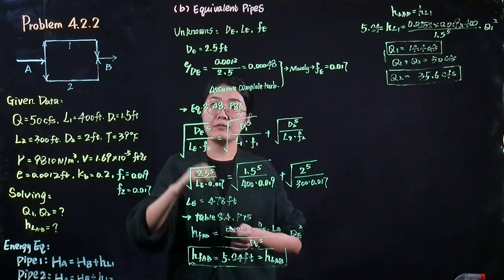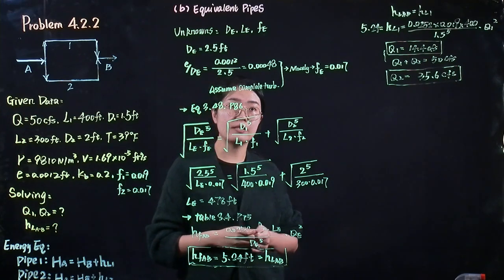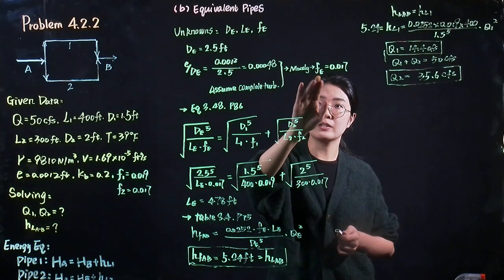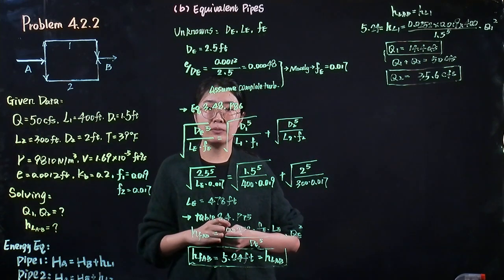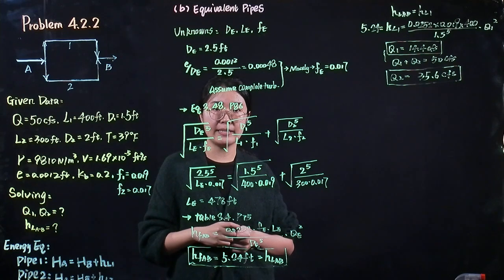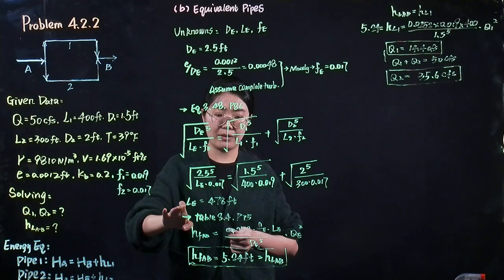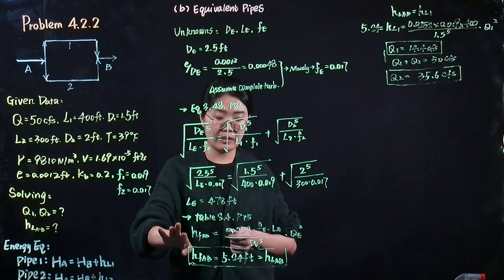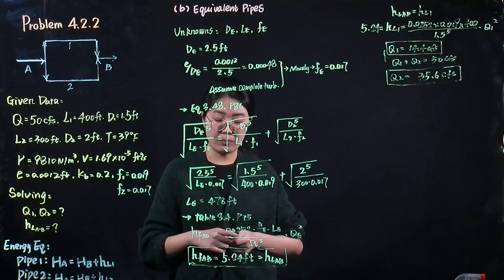And then to calculate the relative roughness, because we assume there is complete turbulence in the flow, we can read the equivalent friction factor on the Moody diagram. Based on equation 3.48 on page 86, we can calculate the value of equivalent length. And based on the equation provided on page 75, we can calculate the friction loss from point A to B.